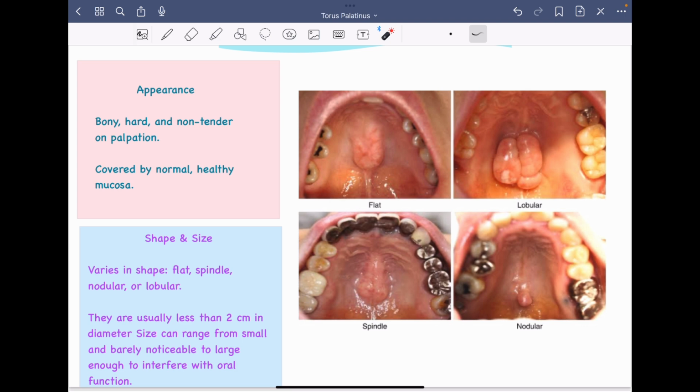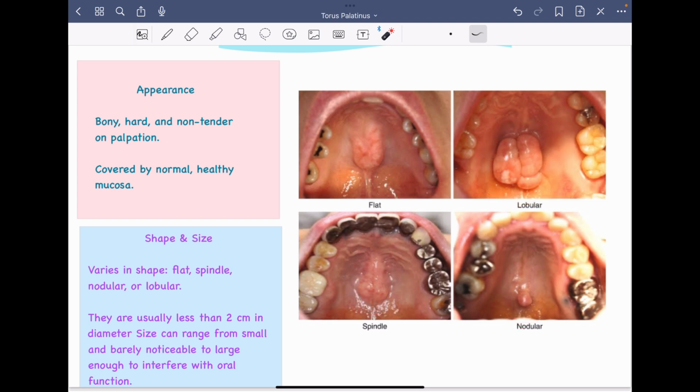Then size and shape, it varies in size and shape as well. When variety of shape is concerned, we have already classified them on the basis of morphology. So flat, spindle, nodular or the lobular variety. Here you can appreciate this is the flat variety. And then we have the lobular variety, nodular and the spindle type as well.